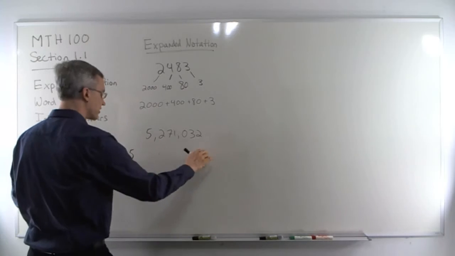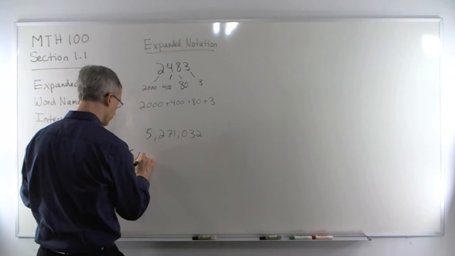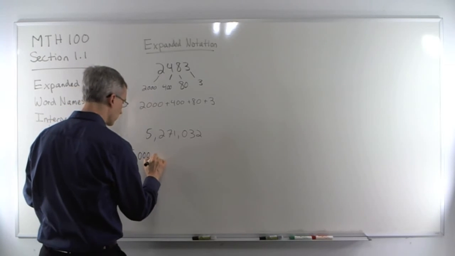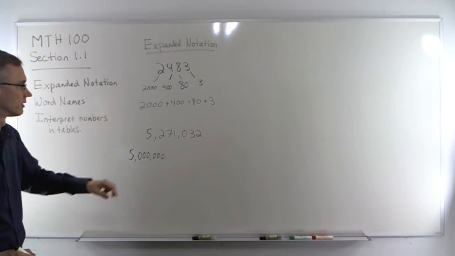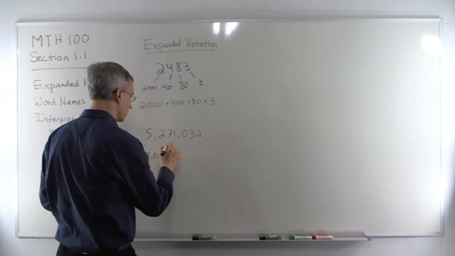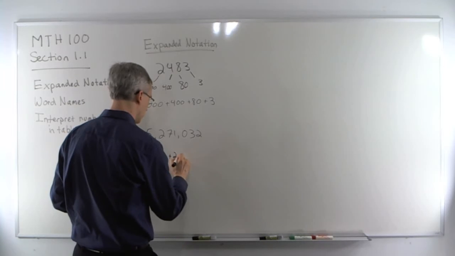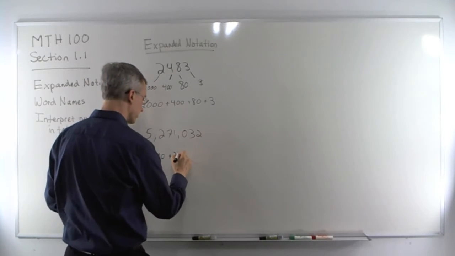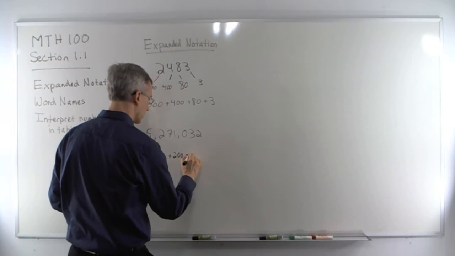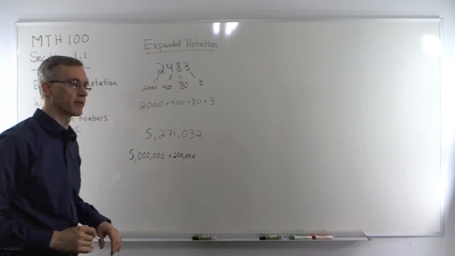So I'm going to fill in 6 zeros, and we get 5 million. So that digit's worth 5 million. And I'll do the same thing for 2. And then after that, we'll have 5 zeros, 1 for each digit that follows the 2. So that one's worth 200,000.